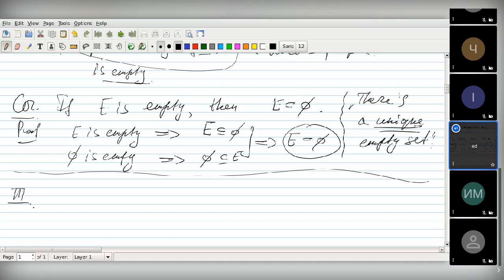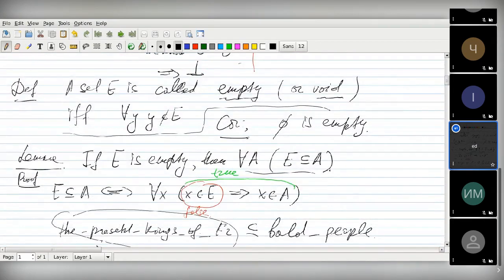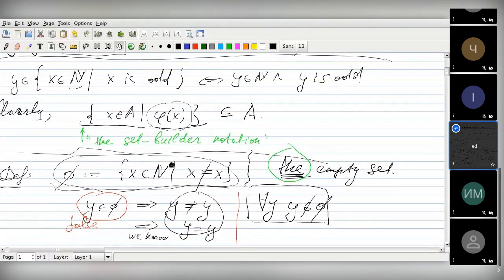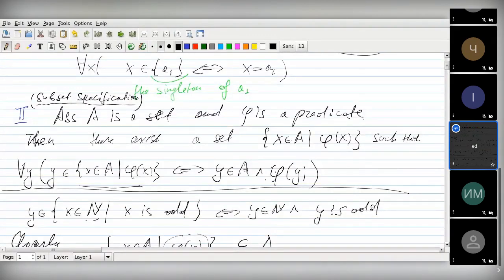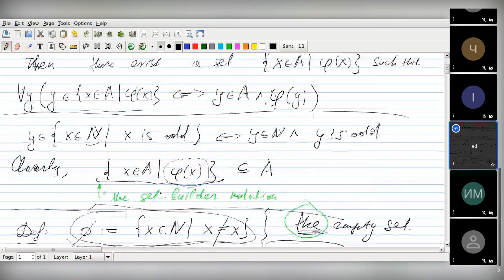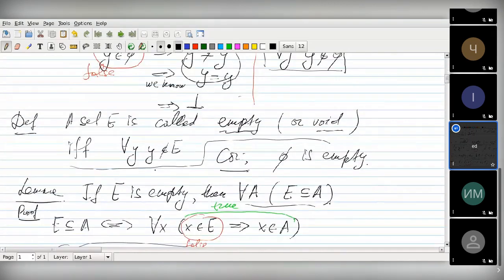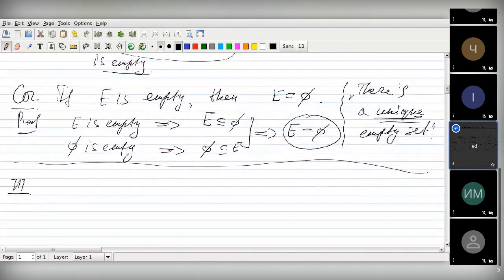Another set construction principle makes a lesser set, a subset specification, where we take just part of our given A. We are given A, and here we take a part of it. And the third principle goes upper, so it creates a greater set in some sense.